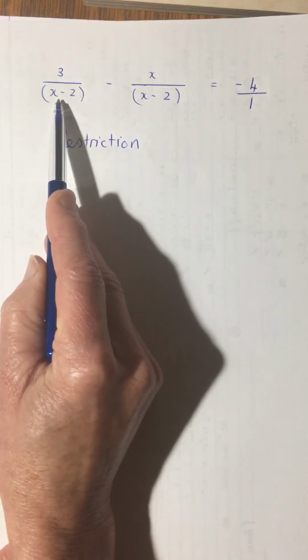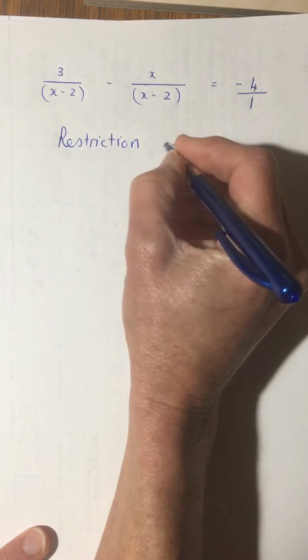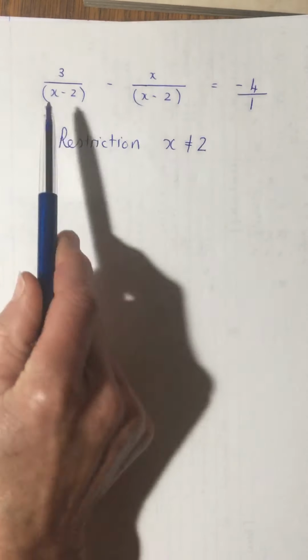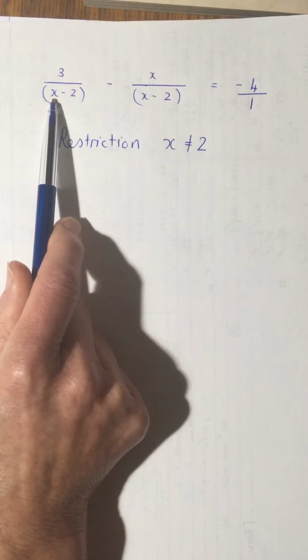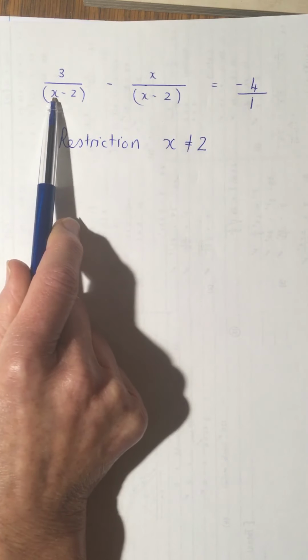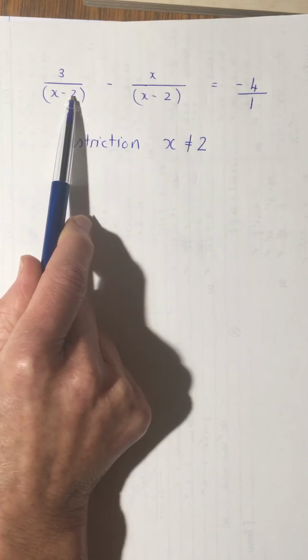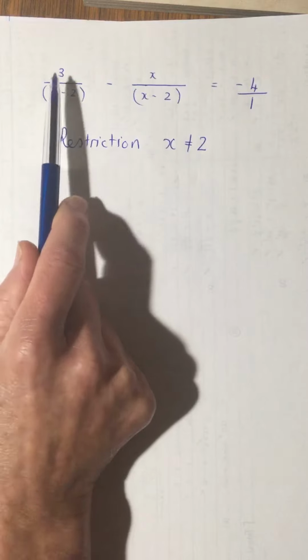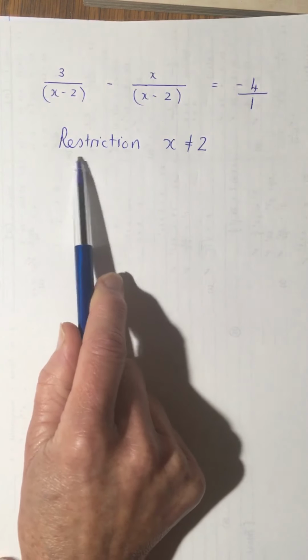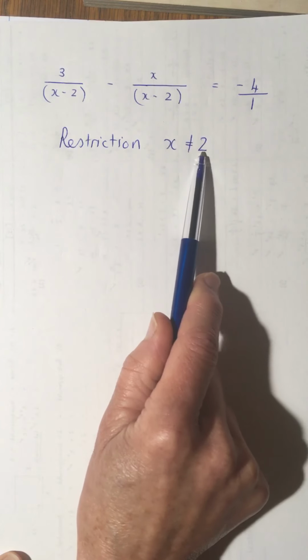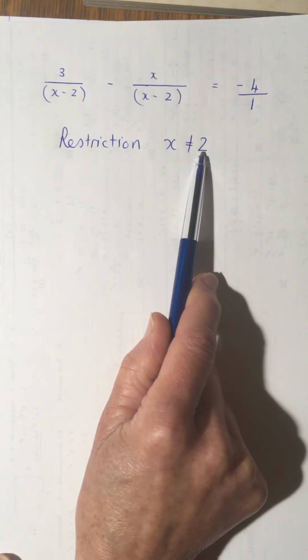The restriction will be x may not be equal to 2. If the value of x is 2, we will have 2 minus 2 giving me 0, and that means we are dividing by 0. So we have to be on the lookout. X may not be equal to 2. That will not be a valid answer.